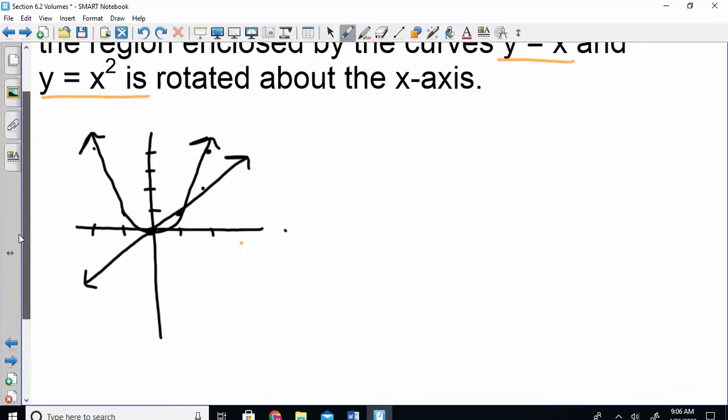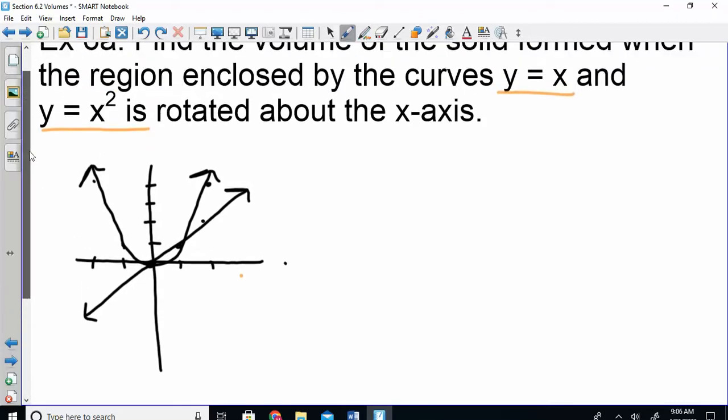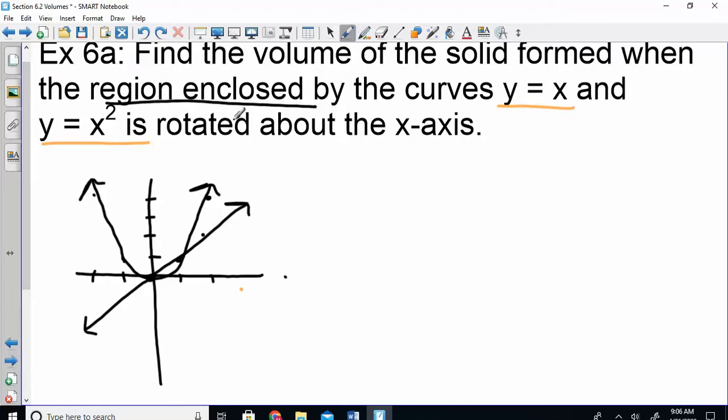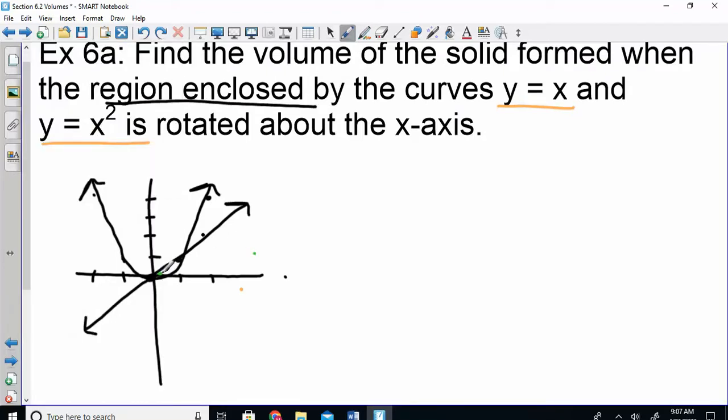So what am I trying to find the volume of right here? I said the region enclosed by these. So, yeah, this little piece right here.